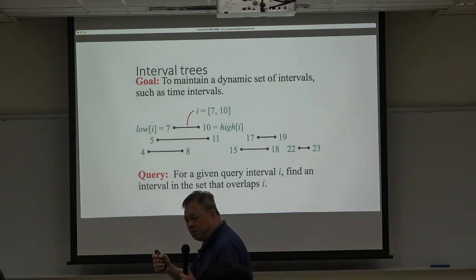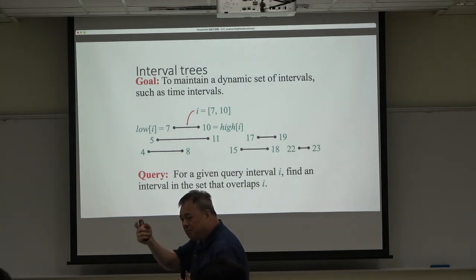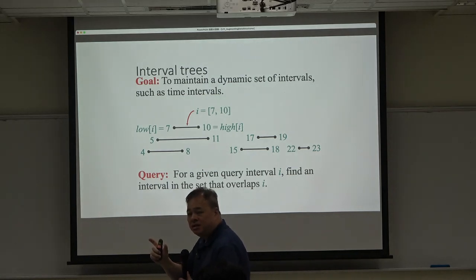If you have any interval in this set that has an overlap, you have to make sure that one is found. It is not acceptable to fail to find one when there really is an interval in your set that has an overlap.